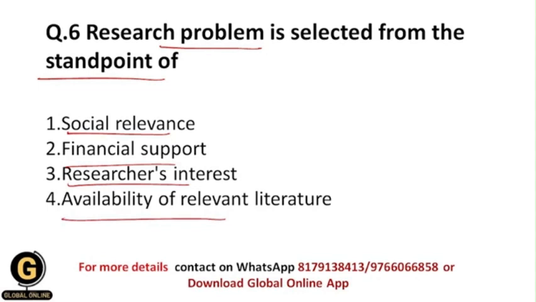So students, the correct answer to this question should be 1, because we do the research, okay, because we need to solve the problems which are there in the society. Okay, I know researcher's interest is as well an important thing, but apart from researcher's interest, the most important thing is social relevance.